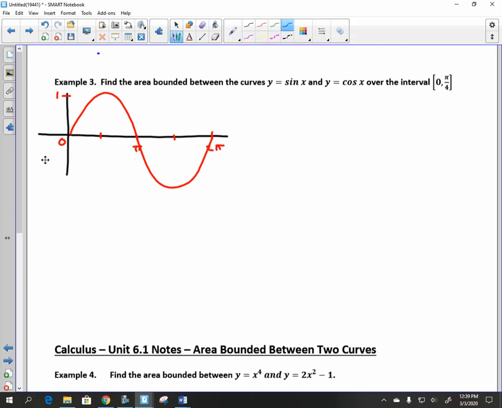Starts at from 0 to pi over 4. Hopefully, the cosine graph is on top the entire time.